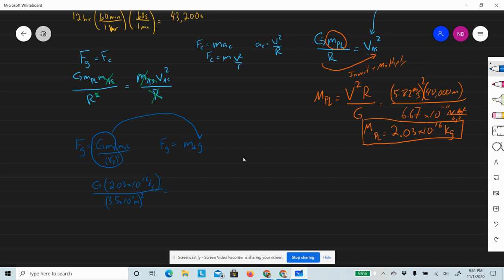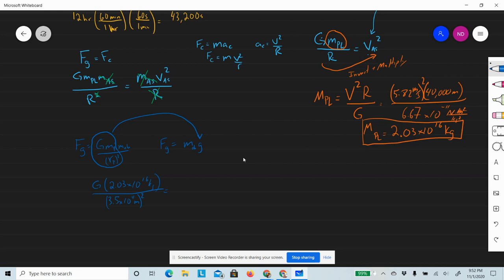You do this arithmetic, we get the acceleration due to gravity on the planet: 6.67 times 10 to the negative 11 times 2.03 times 10 to the 16th equals that, divided by 3.5 times 10 to the 4th squared. Gives you something ridiculously small. Holy cow.